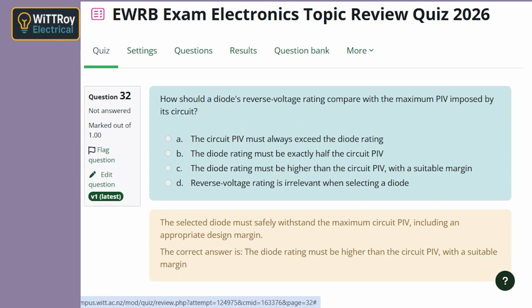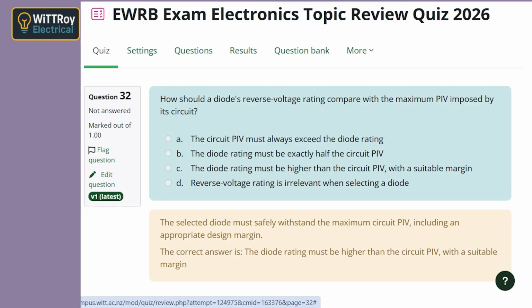Question 32. How should a diode's reverse voltage rating compare with the maximum PIV imposed by its circuit? I selected half the circuit PIV. I treated the rating like a shared value between two diodes instead of a limit that each diode must withstand. I can see why you picked that, but it is not the right one. Let's work through it. The diode must survive the maximum reverse voltage imposed by the circuit.